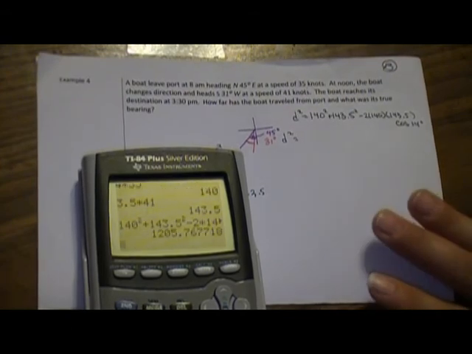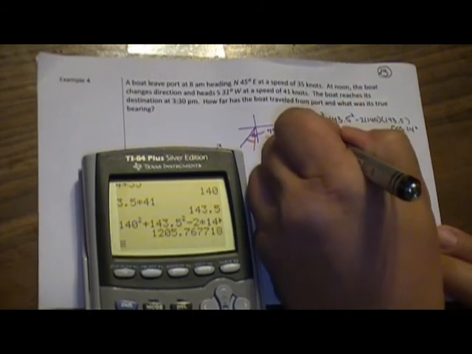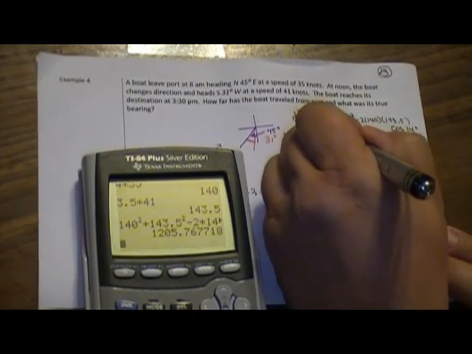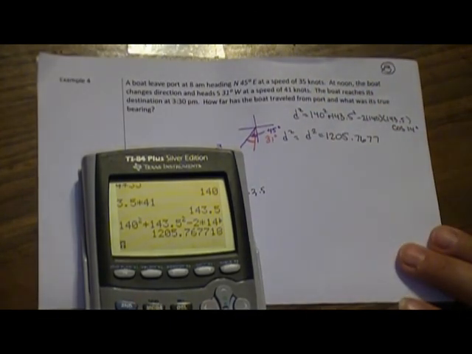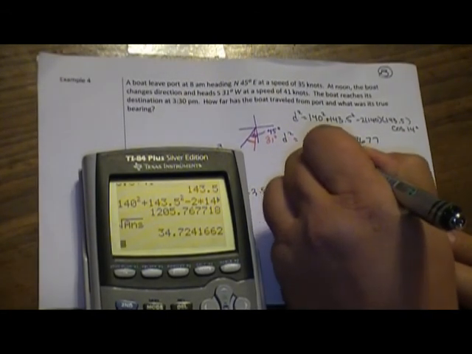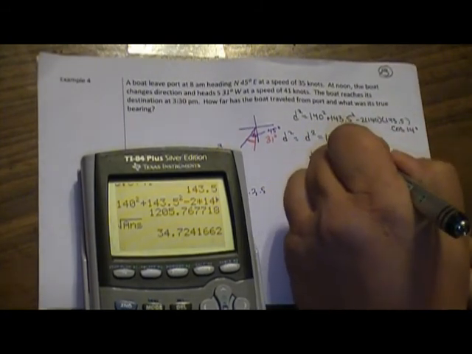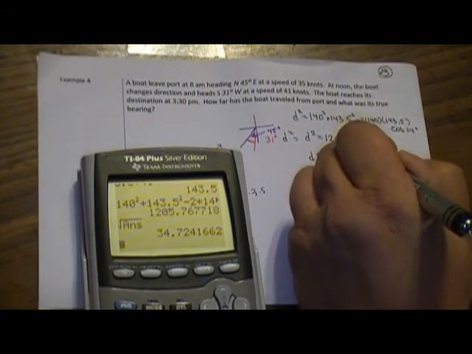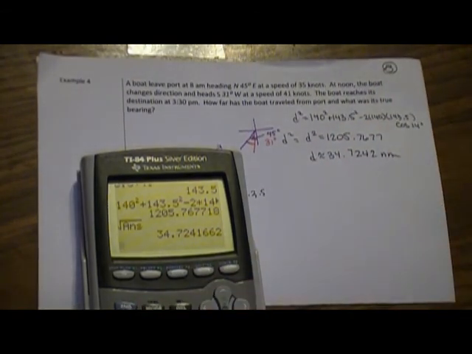Okay? So d squared is equal to 1,205.7677. Do the square root, and d is about 34.7242 nautical miles. So it's really not that far from port.